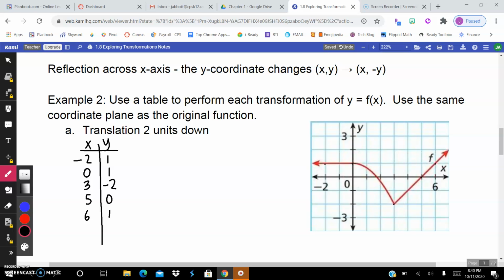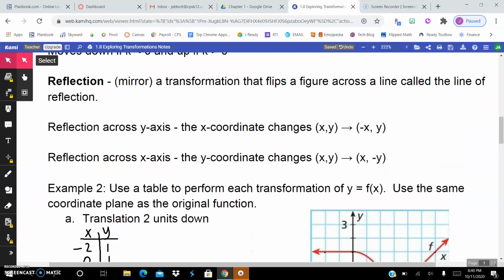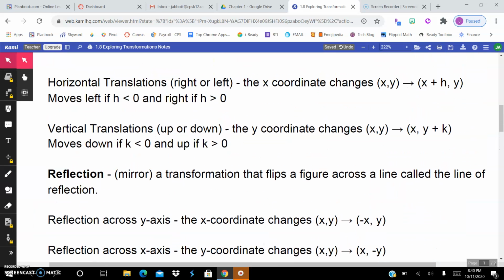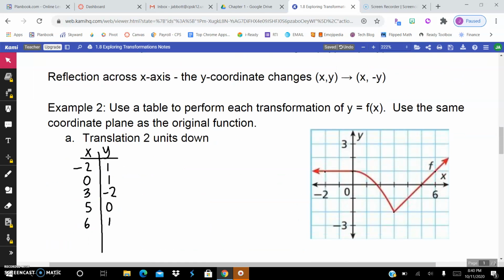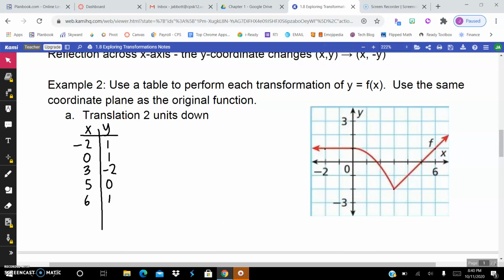And we have to use the rule. If we're going to translate it 2 units down, the vertical translation says that we have to add or subtract to the y value. So if we're going 2 units down, we're going to subtract 2 from the y value.